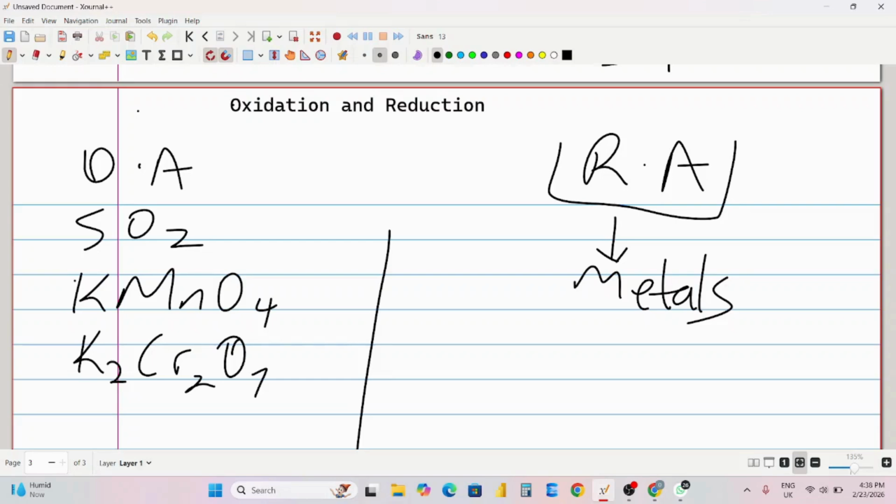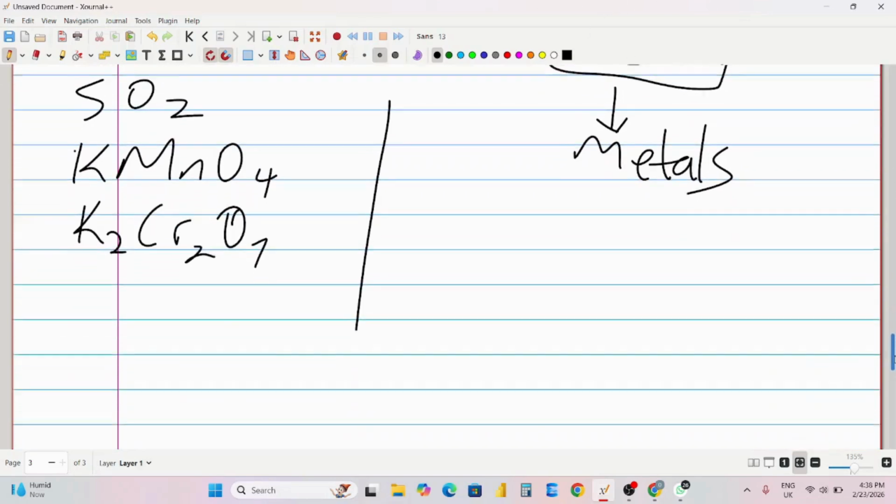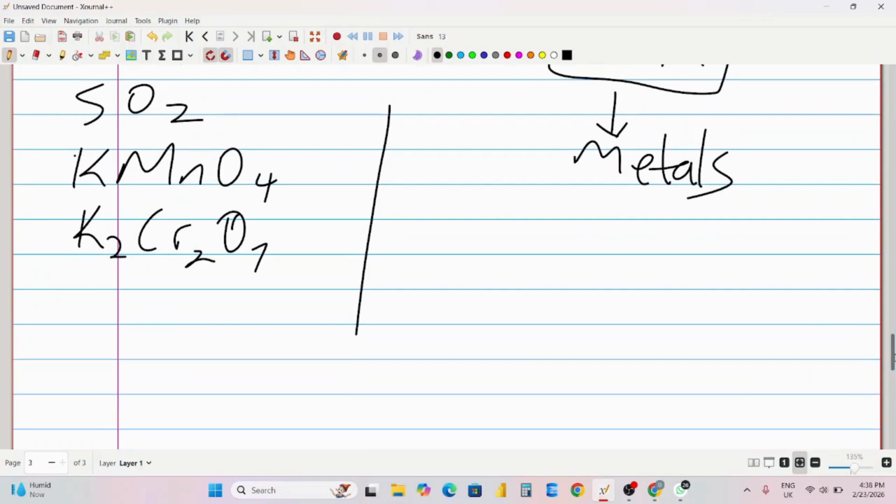You'll be seeing some of these questions shortly. Acids generally make good oxidizing agents, so not just one. Acids make good oxidizing agents.